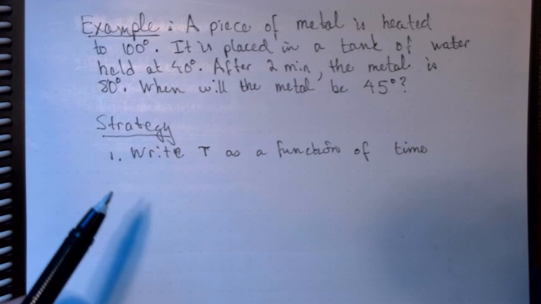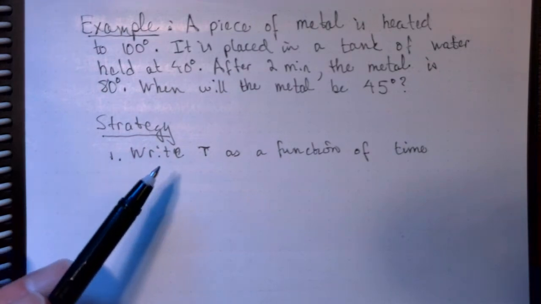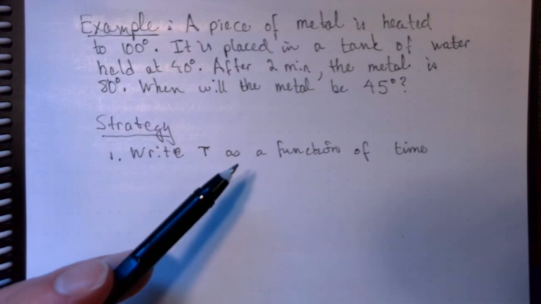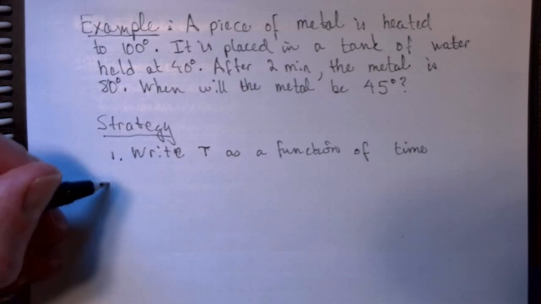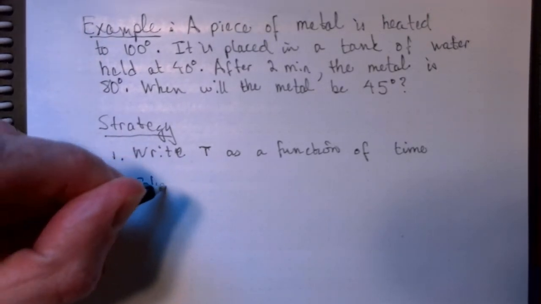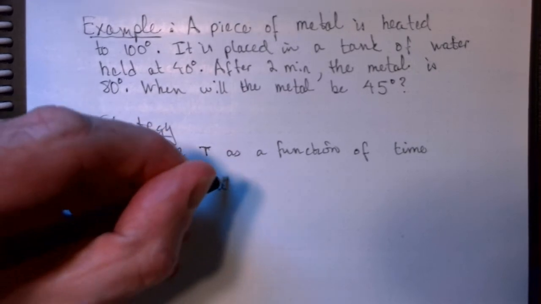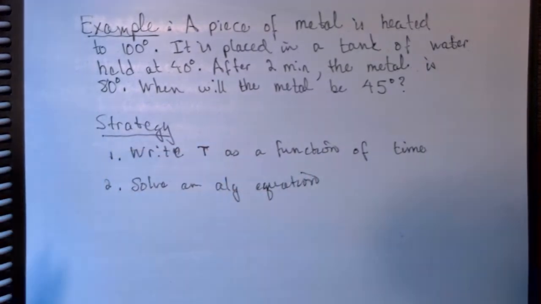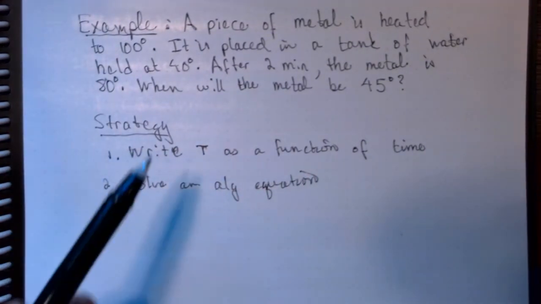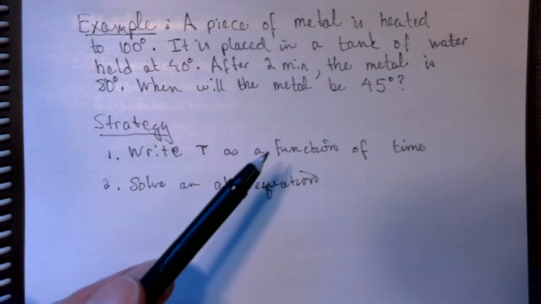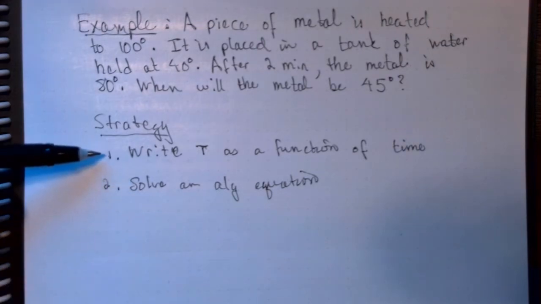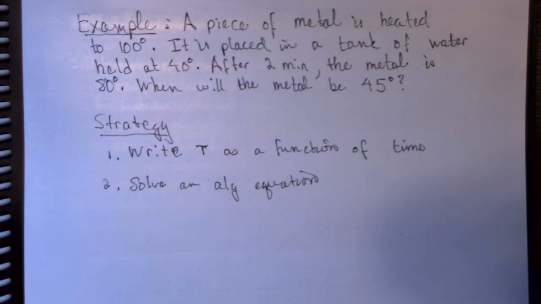The way that we are going to get capital T as a function of little t is we're going to use that differential equation. And then the second stage is we're going to solve an algebraic equation that'll tell us when the metal will be 45 degrees, and that'll actually answer the question. But we won't be able to get to that part unless we can express temperature as a function of time.